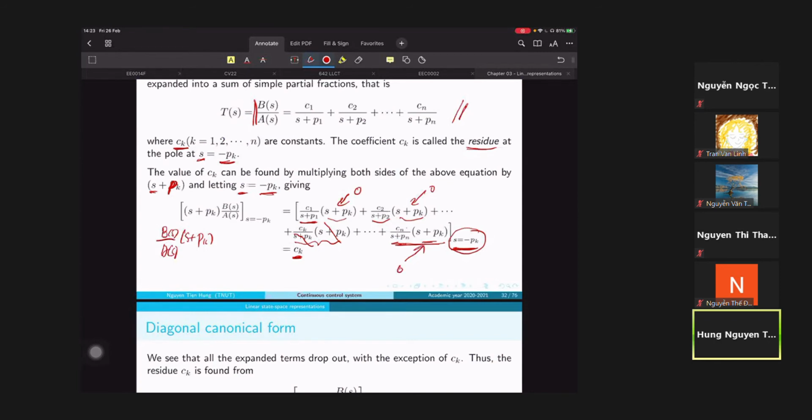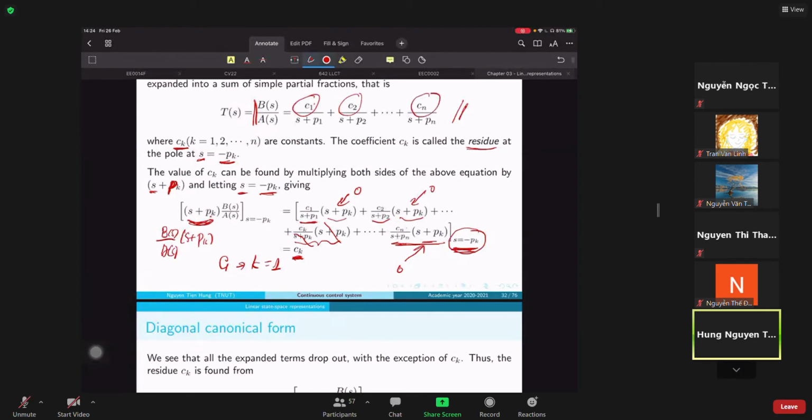All the other components will be 0 if we take s equal to minus Pk, except Ck. So if we want to find C1, meaning k equal to 1, we just multiply the previous equation by (s plus P1). For P2, replace Pk here by P2. That's all. Then you can find all C1, C2 up to Cn.